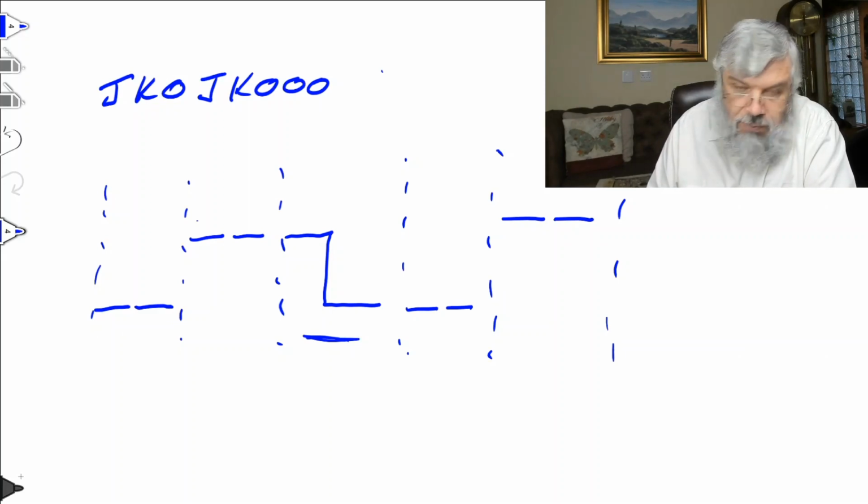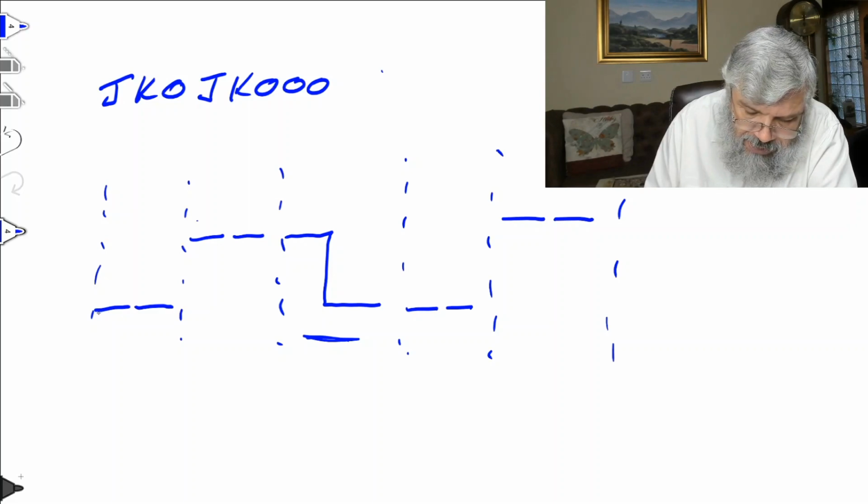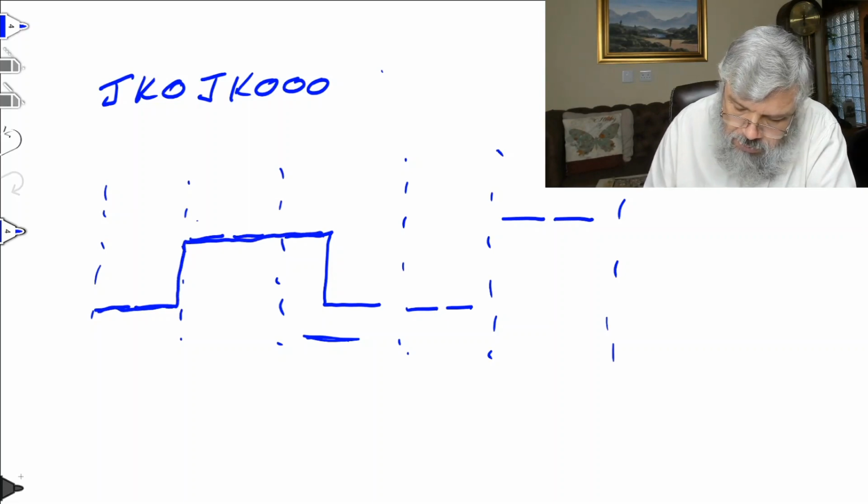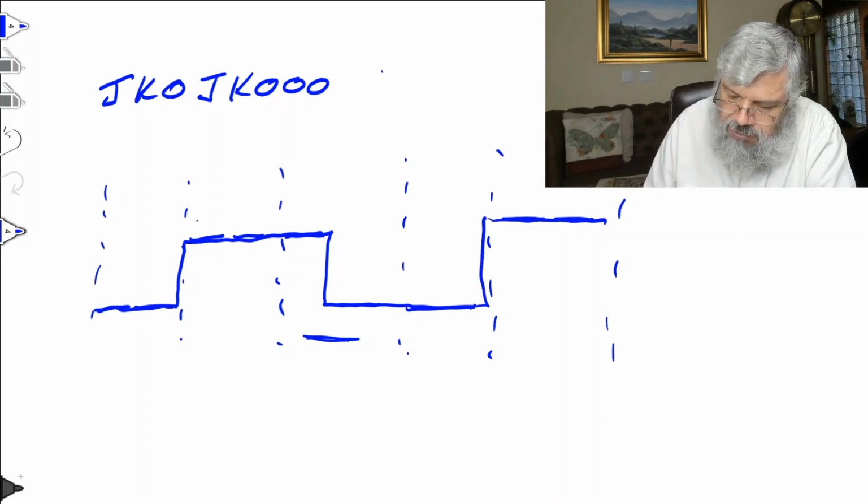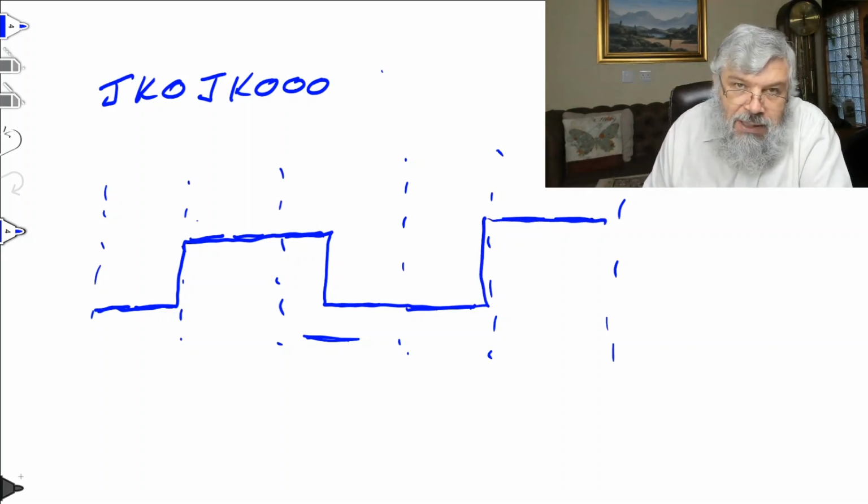No problem, transition in the middle as expected. So I've drawn this as isolated little lines. The signal will of course be continuous, so it will look like that. Again, transition on the boundary, and then from there on the remaining zeros.